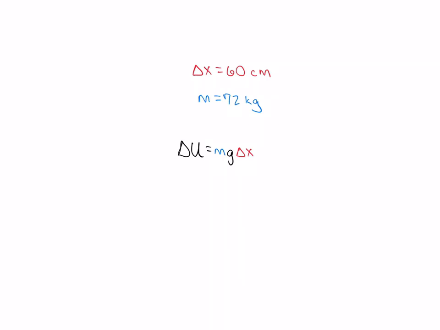And we want to just make sure that all of our units are correct. So usually when we're looking at gravitational acceleration, at least on Earth, we're usually talking about 9.8 meters per second squared.